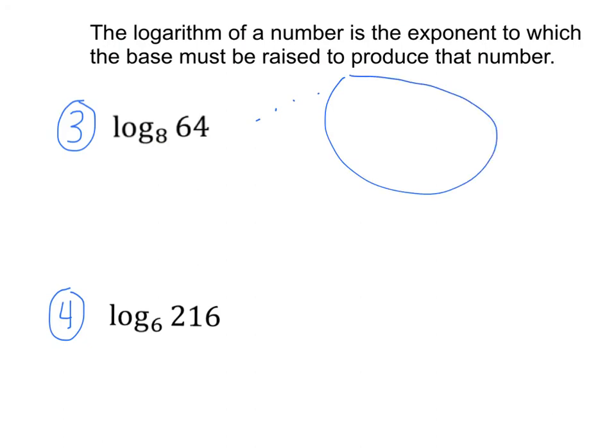Our logarithm is going to be the exponent that I have to raise 8 to in order to get 64, and obviously this exponent would have to be 2. So log base 8 of 64 is 2, because 2 is the exponent to which I raise 8 to get 64.